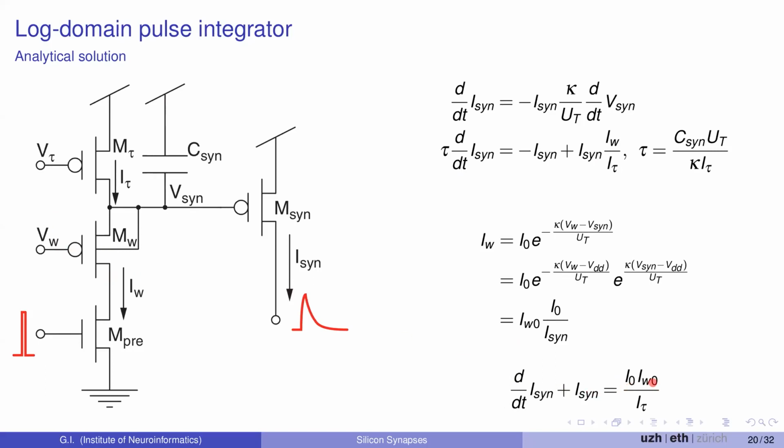If I change IW, my output current will just reach a steady state after the transient. If we put the derivative term to 0, at steady state, Isin will just be something that is constant. It will not go to VDD. It will be proportional to the amplitude of the input. So this is what we want. And it's actually approximating synaptic dynamics really, really well.